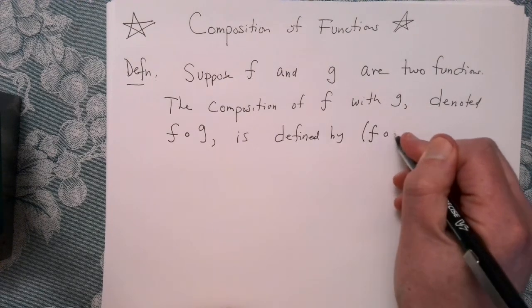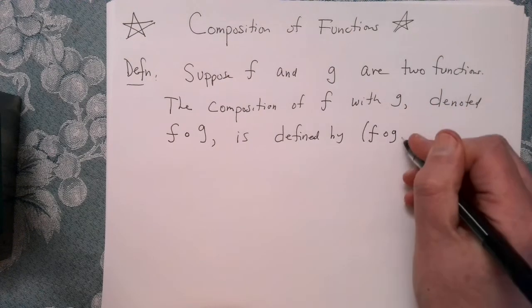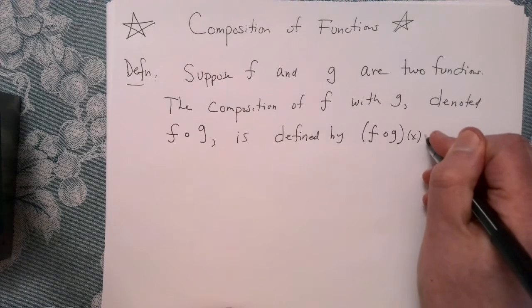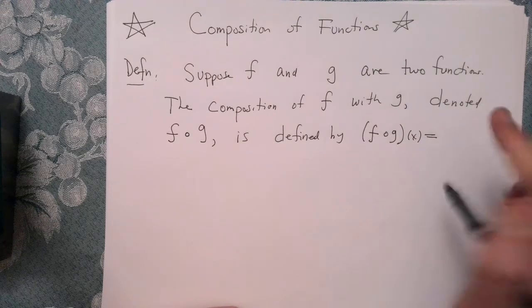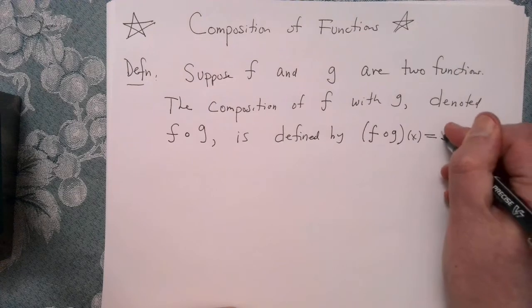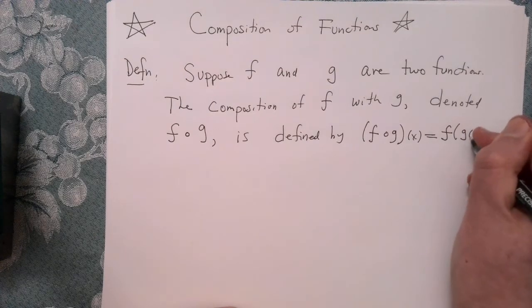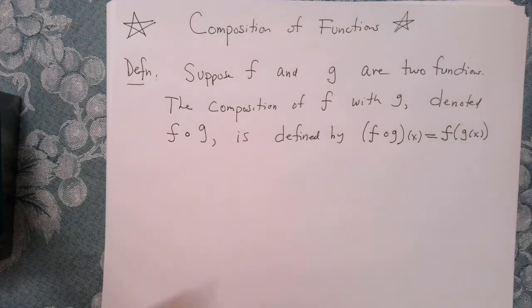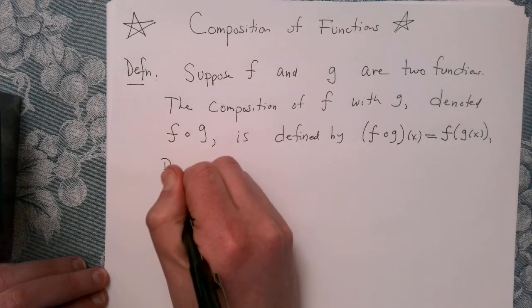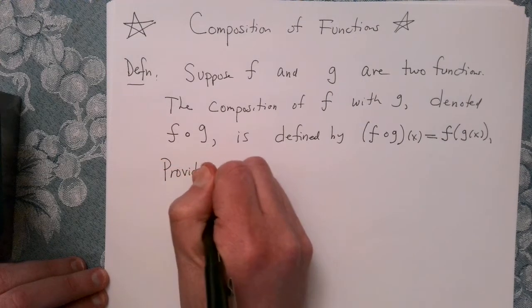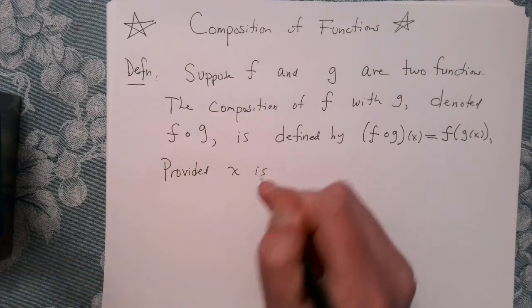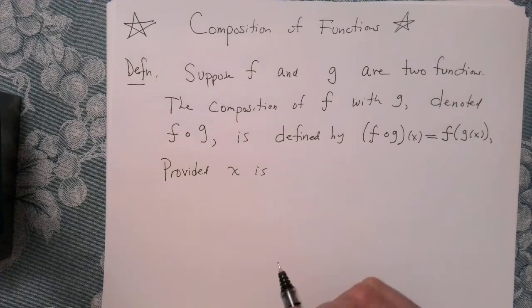The composition of f with g of x is defined as exactly this, provided x is an element of the domain of g, and g of x is an element in the domain of f.